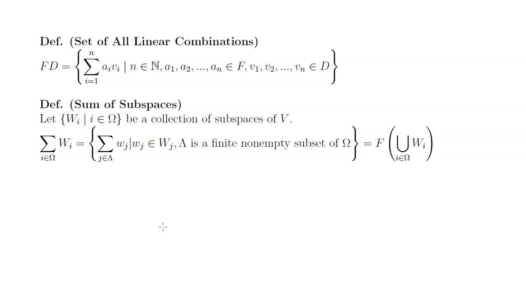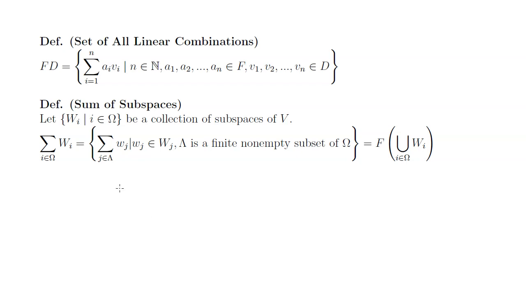Let's say you have a subset D of a vector space, and F is the field that we are using. Then FD is the set of all possible finite linear combinations.